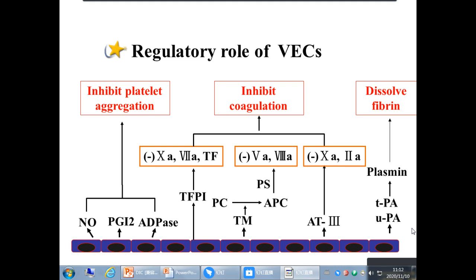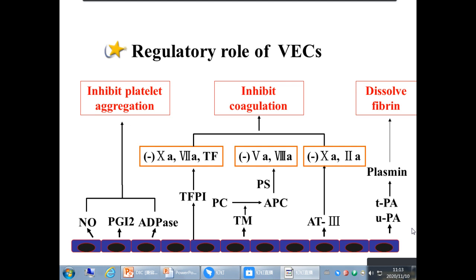The pathogenesis includes how many? 1, 2, 3... it includes 5. Understand? The first leads to platelet aggregation and vasoconstriction.